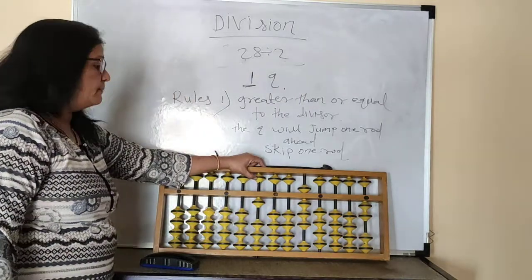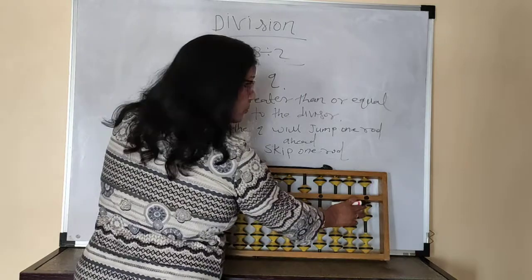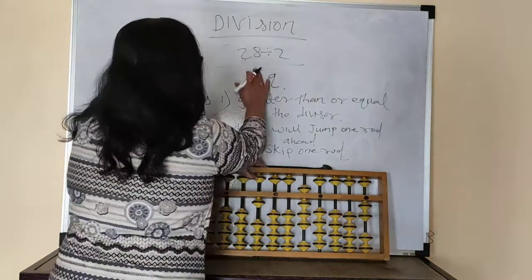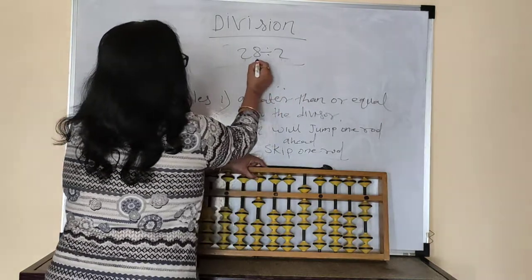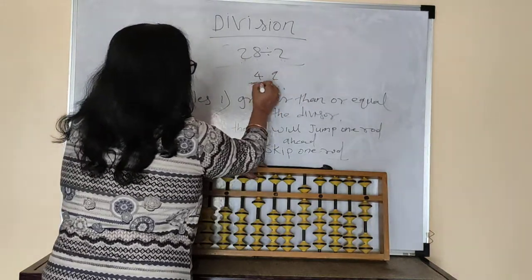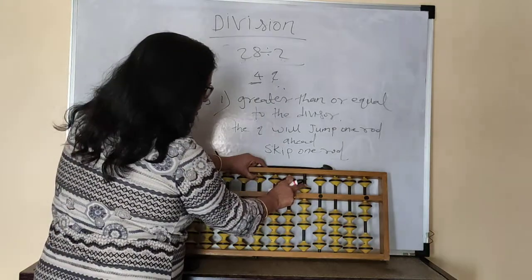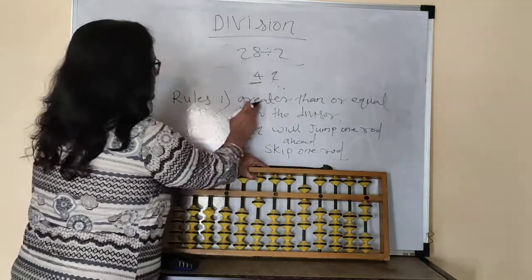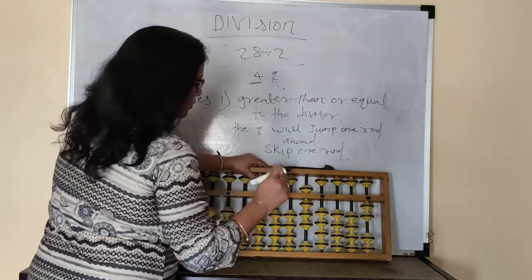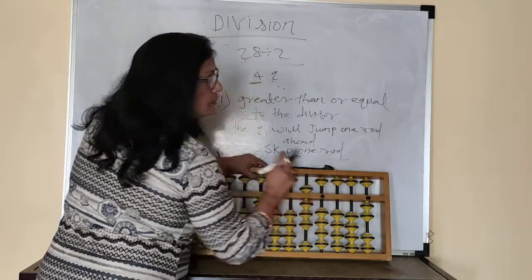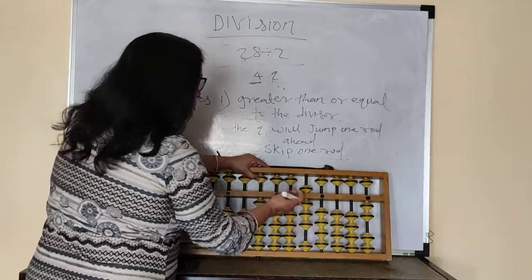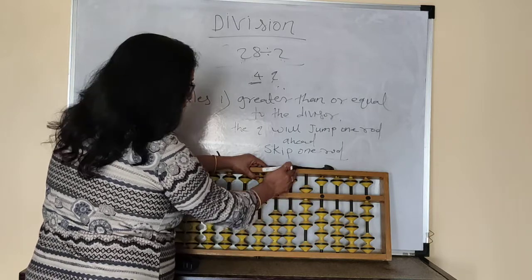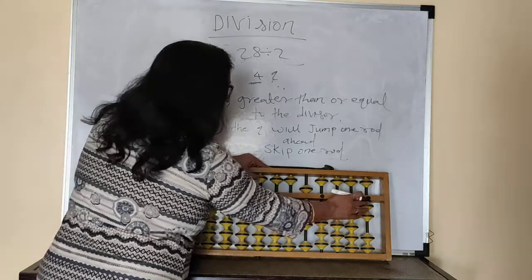Now see, 2 fours are 8. Quotient is now 4. Now this is 8 and this is 2. Our rule is greater than or equal to the divisor. This is greater than the divisor, so we have to skip one rod again.